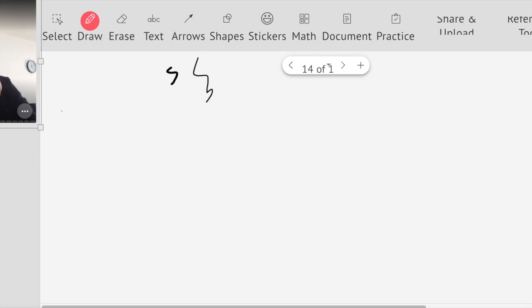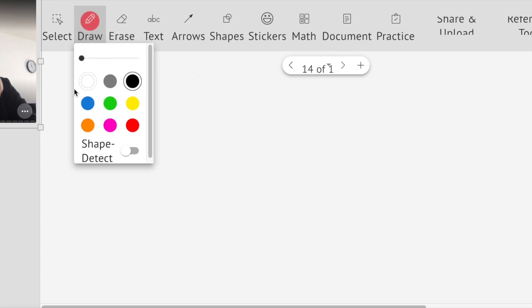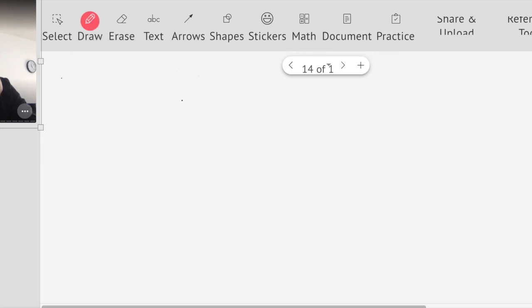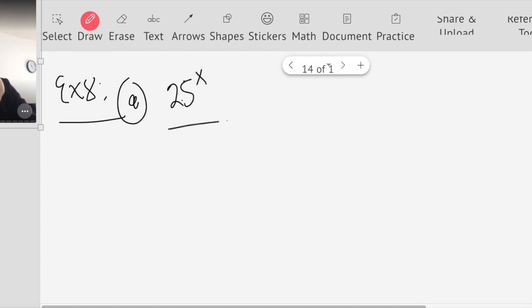Let's see, example 8. Let me erase this. Simplify. We got 25 to the x divided by 5. So you want to write everything with the same base.